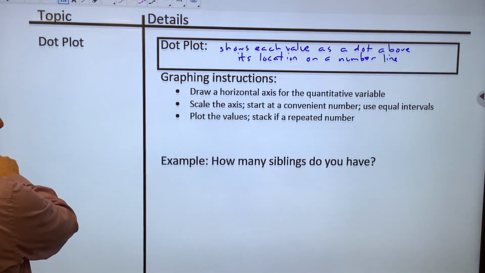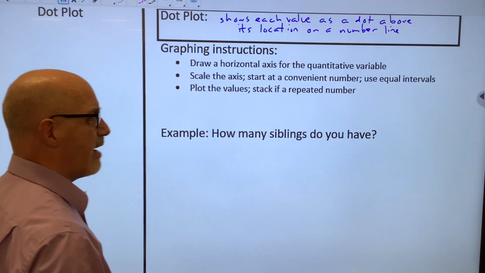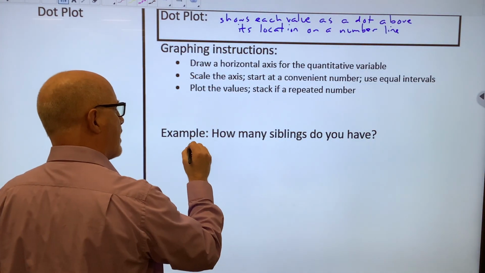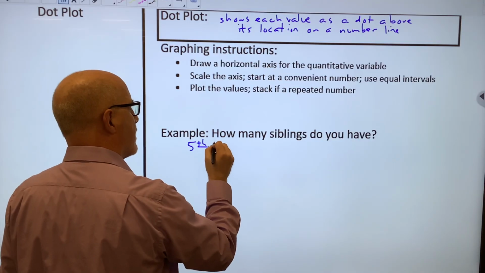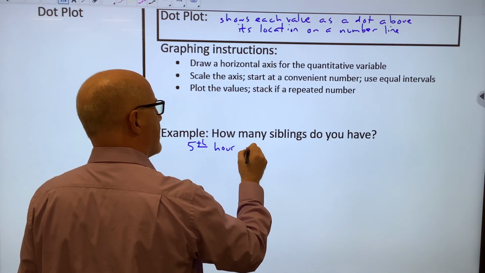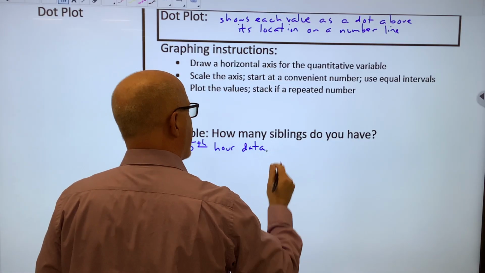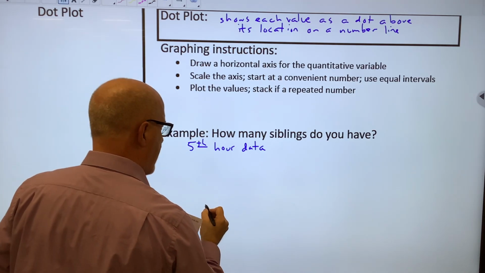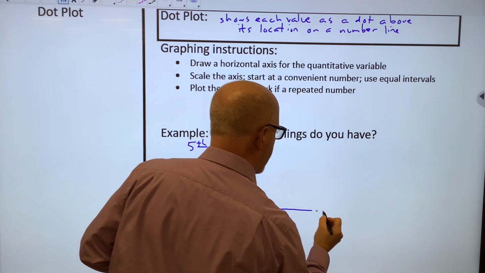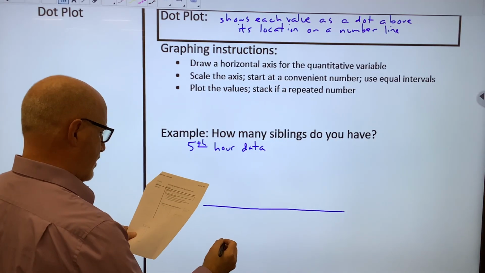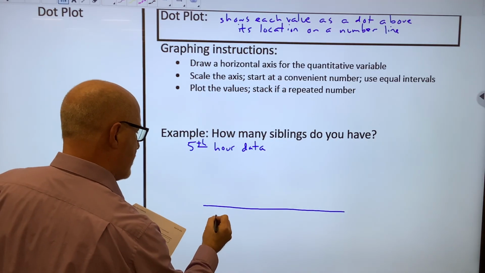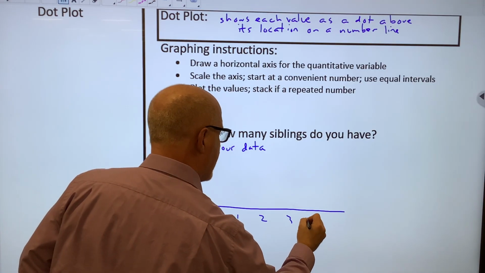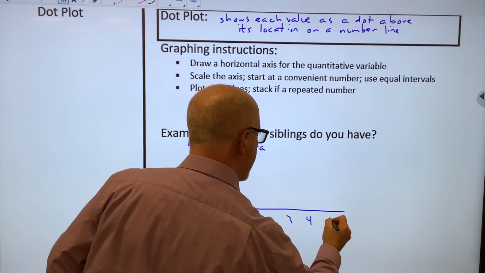So an example would be, how many siblings do you have? I did a survey in my 5th period class, so 5th hour data. I'm going to start my graph here, so here's my number line. I'm going to go 0, 1, 2, 3, 4, and the maximum somebody had was 5.